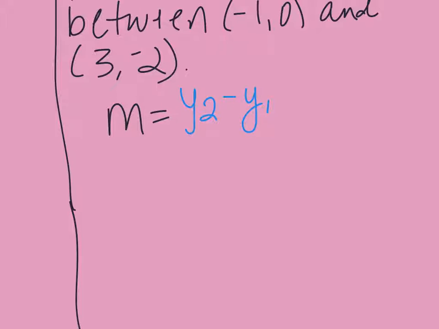You actually are subtracting to find that difference over the difference in the x's, and that's going to give you the same thing, change in y over change in x. Okay, so the first thing you're going to do is write your formula down, like I did. Let's go back and label your points.